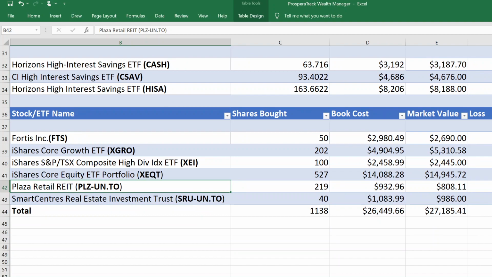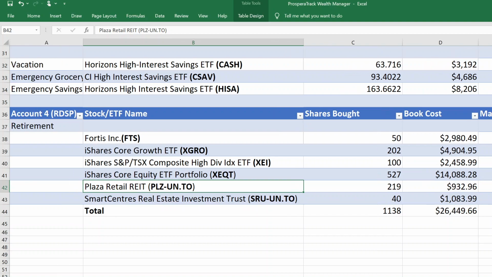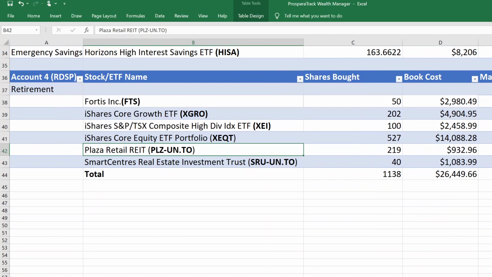I'm down more than I would expect to be, but overall, I guess the REIT sector is not really doing quite well at the moment. In the meantime, I continue to receive really solid and reliable dividends every month from this particular product.